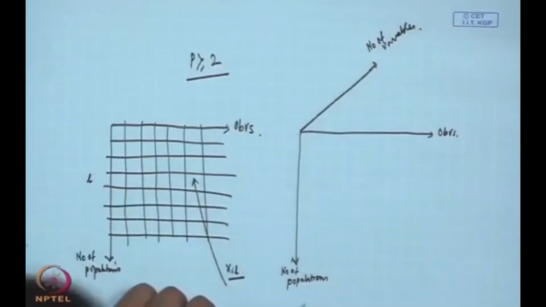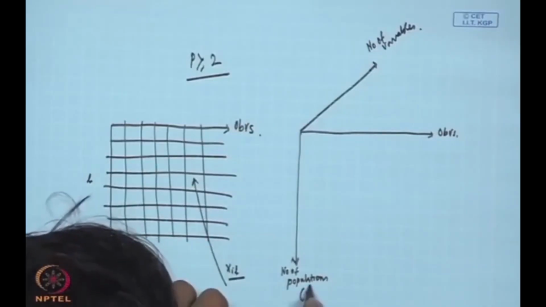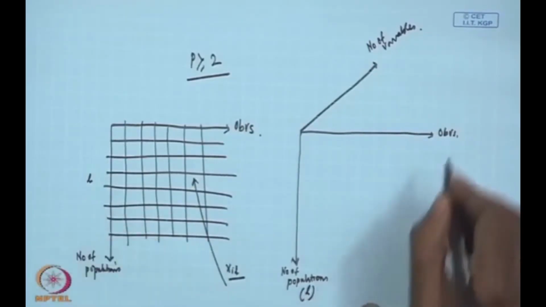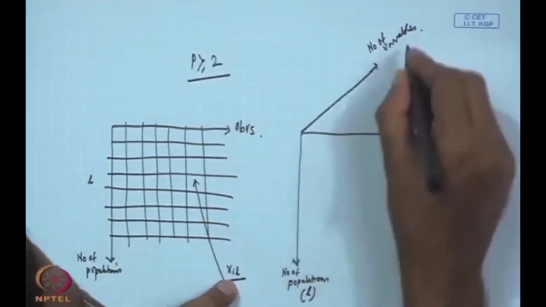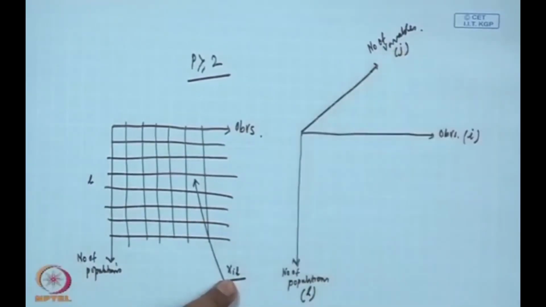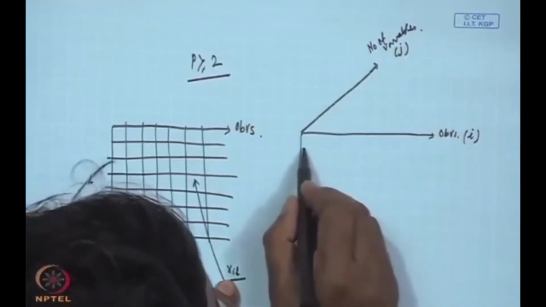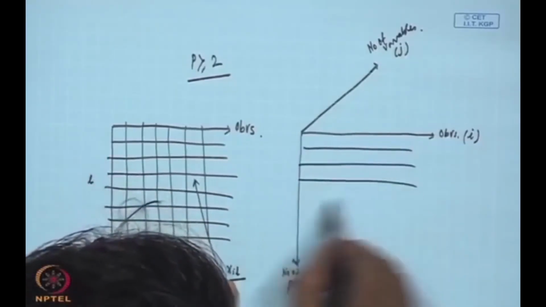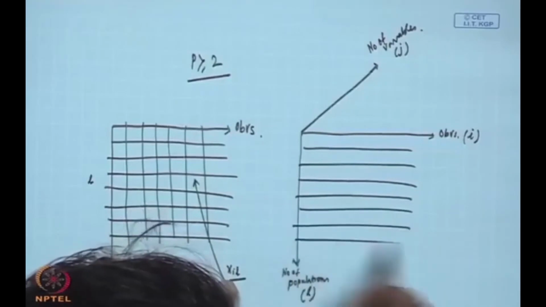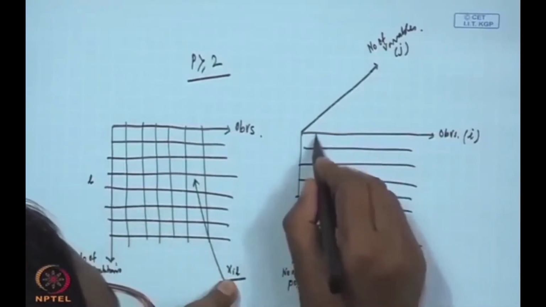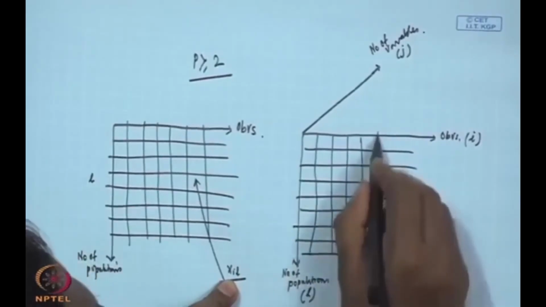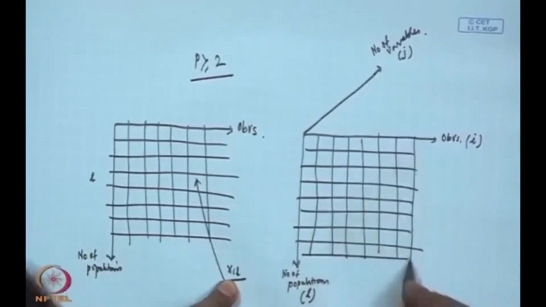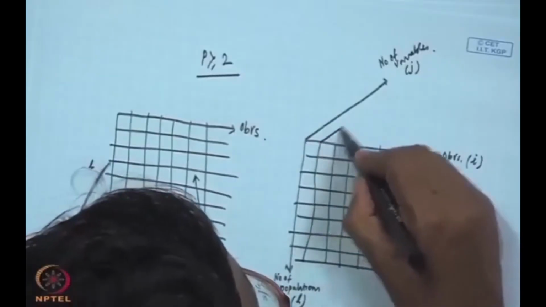So, if we denote the number of populations by L, the number of observations by I, and the number of variables by J, then your general structure will be like this. This is the data structure basically.